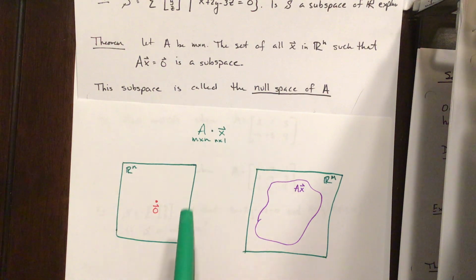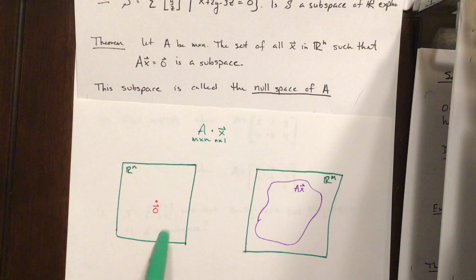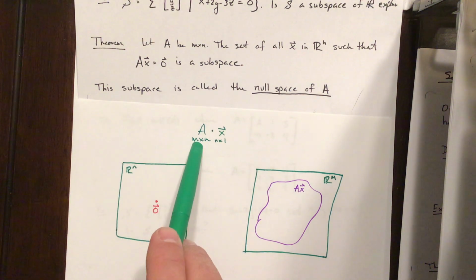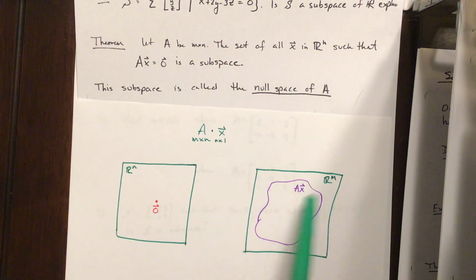You're going to get out an m by 1 vector. So we are mapping into Rm, not Rn. Now we can't presume that when we multiply a vector in Rn by A, we are going to get all of Rm. We're going to get some of Rm, or most of Rm, or even all of Rm, but we're not guaranteed to get all of Rm.